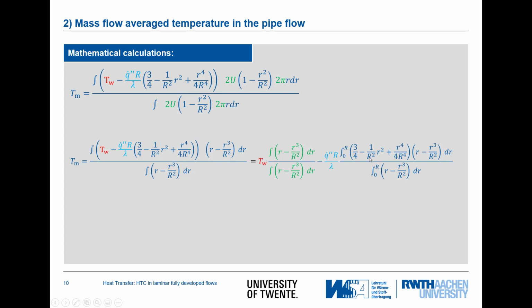If we look at only this part here, we see that there will be just a numerical factor coming out, because the only variables we have are the radial coordinate, which we integrate for, and the radius of the pipe.